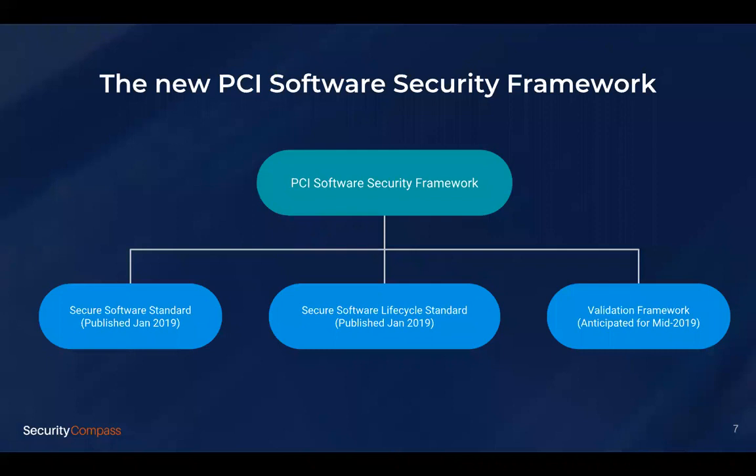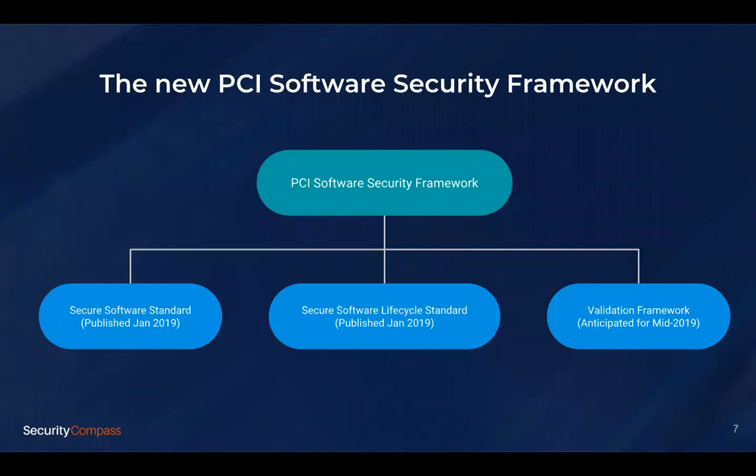But what was interesting, right, was that they also decided to create a second standard, the secure software lifecycle standard. Now, the details of this will come out in the validation framework, so I don't believe it's finalized at this point. But the intent is to be able to take somebody who creates a payment application, and instead of having to go through the rigorous process of a complete application validation with every release, show that you are integrating secure software development lifecycle practices.